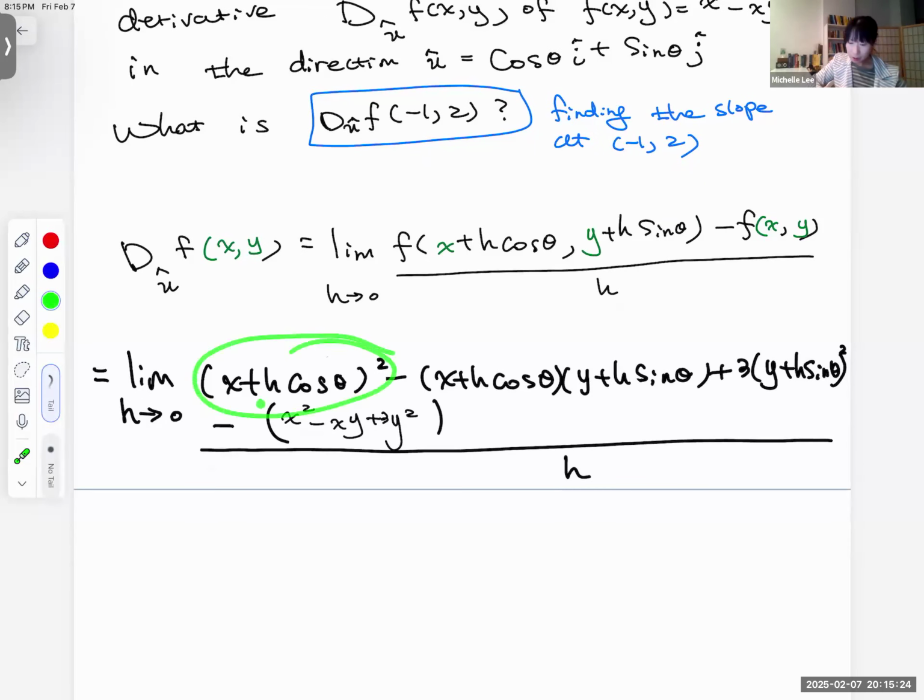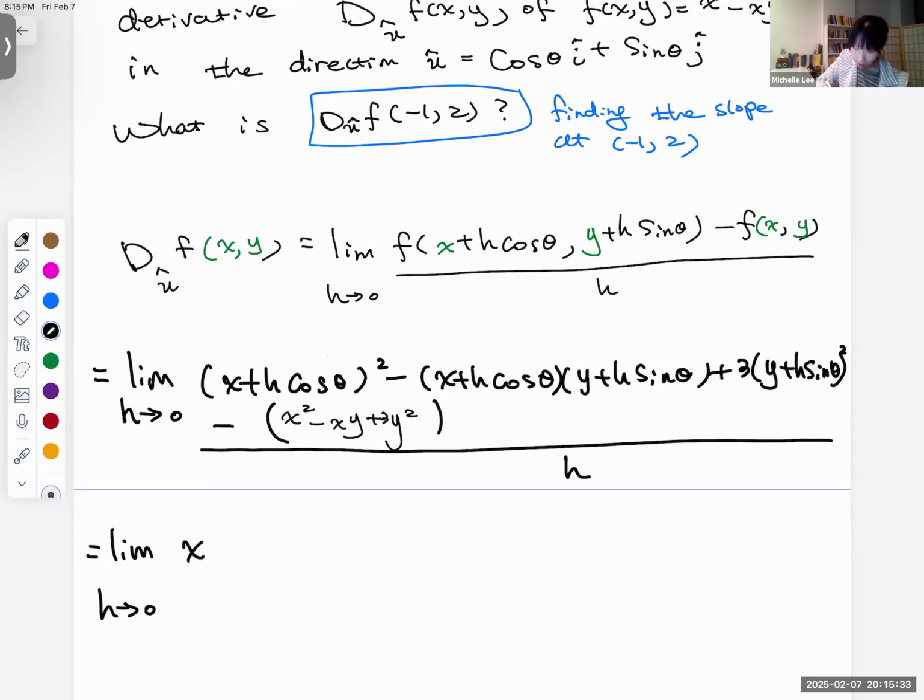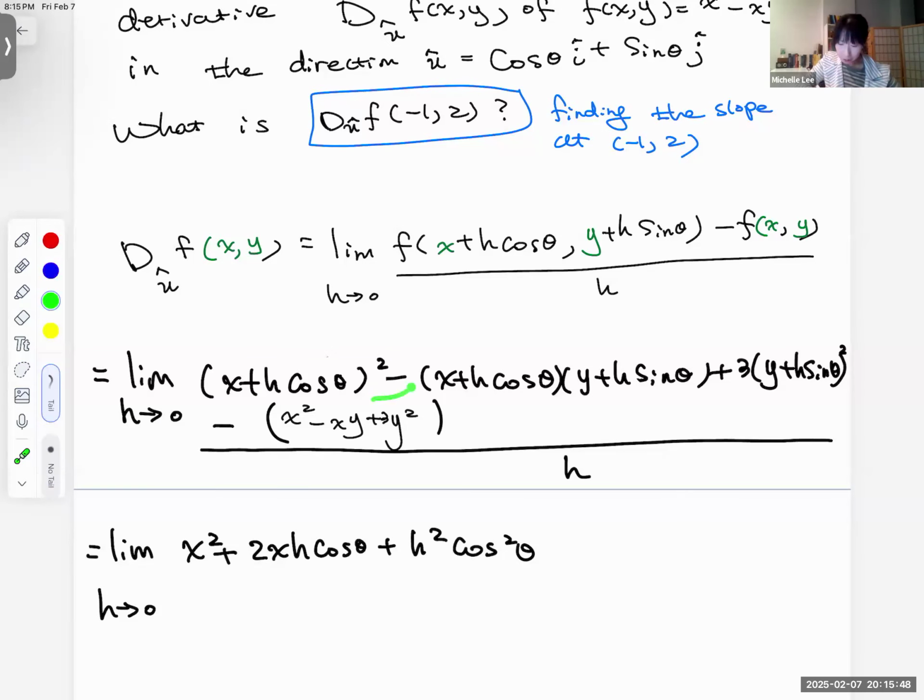So this one, the square of a sum, right? So we are using that. So equal to the limit as h approaches 0, x squared plus 2xh cosine theta, right? Plus h squared cosine squared theta, right? Please correct me if I make a mistake. Minus, be careful, we have a negative, right?